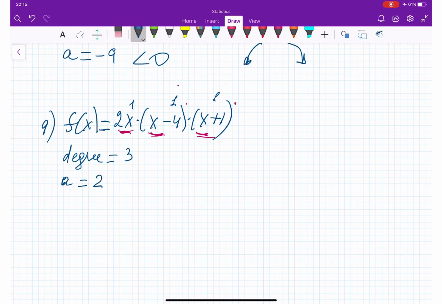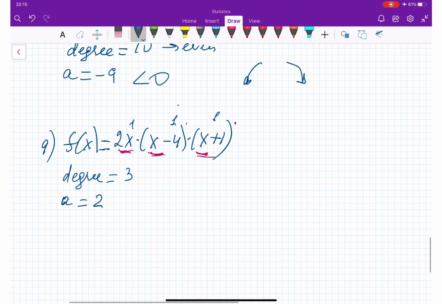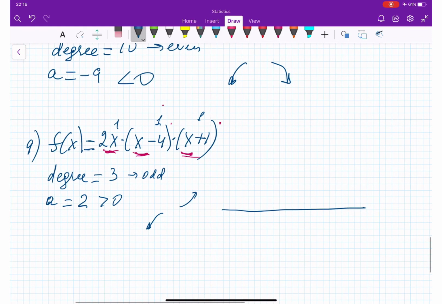Okay, so which means our end behavior, we have degree 3, which is odd, and coefficient 2, which is greater than 0. Odd and greater than 0, it's going to increase, so this is going to be the end behavior. Now let's look at the midpoints.